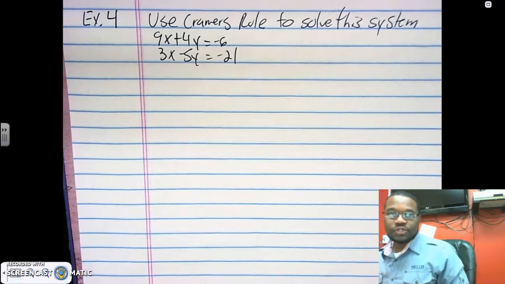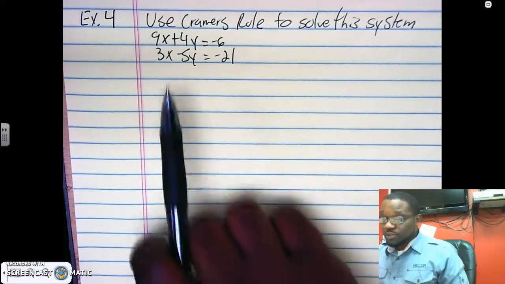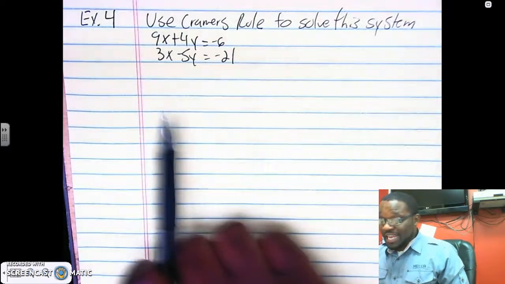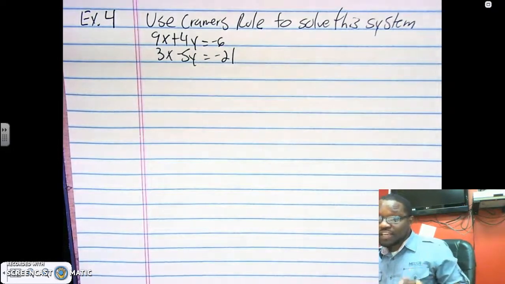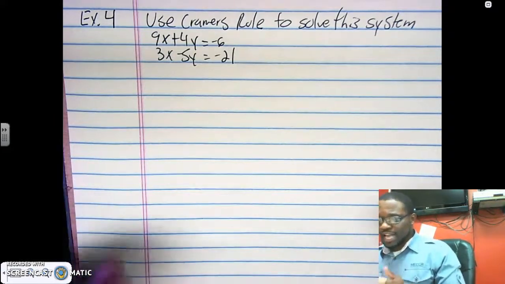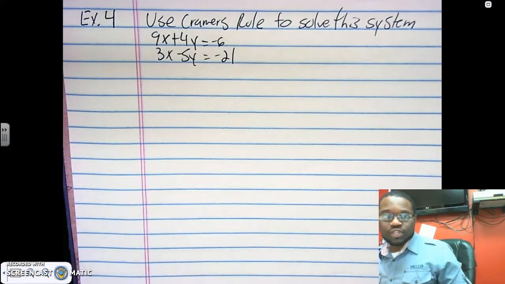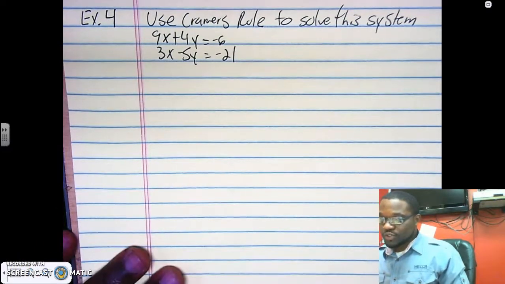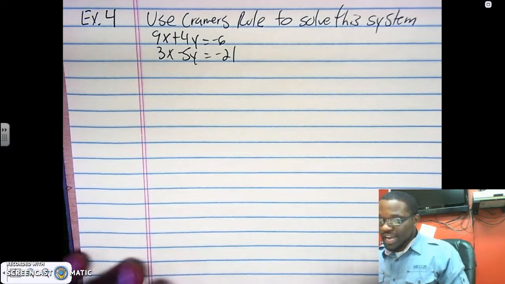Okay, so now we're going to use Cramer's rule to solve this system. Normally, we would do substitution or elimination or even graphing to find the solution. But what I want to do is use Cramer's rule. And there's the bell. So for the sake of time, I'm going to write out some of the things.